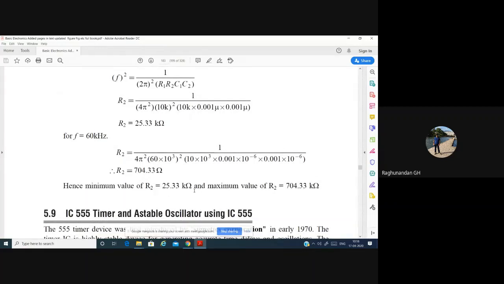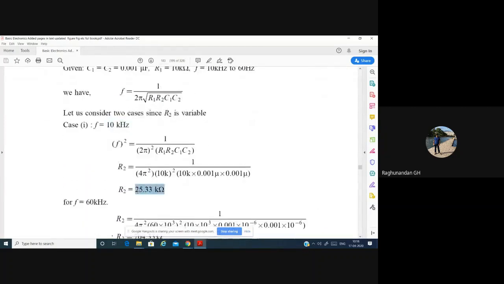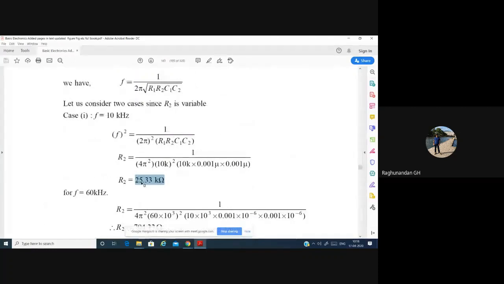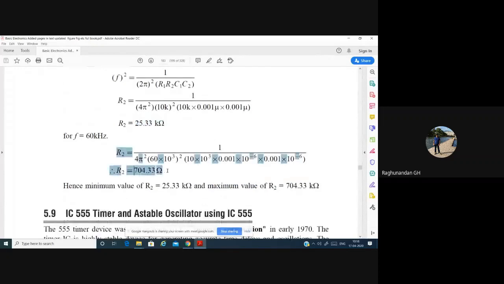Whenever you want the maximum frequency, your resistance value should be the minimum one. R2 is this minimum value to get the maximum frequency, and R2 is this larger value to get the minimum frequency.